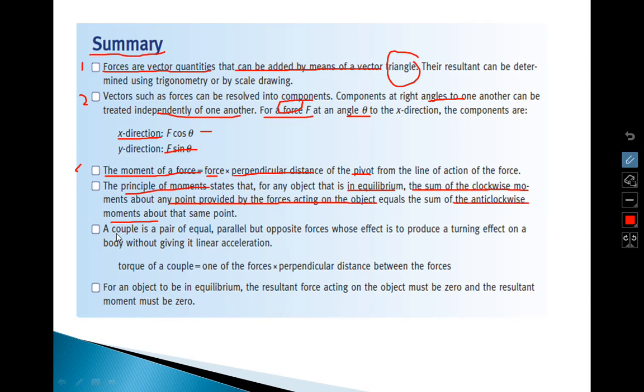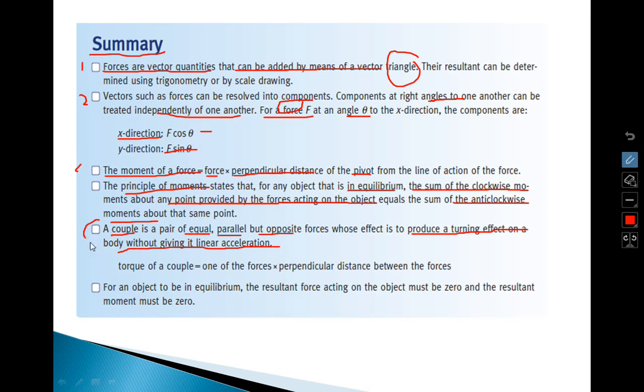Number 5, a couple is a pair of equal, as we said in the last slides, equal, parallel, and opposite forces. Three conditions: equal, parallel, opposite forces, whose effect is to produce a turning effect on a body without giving it linear acceleration.